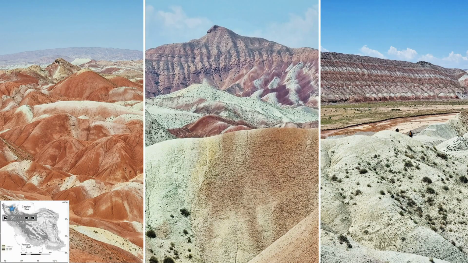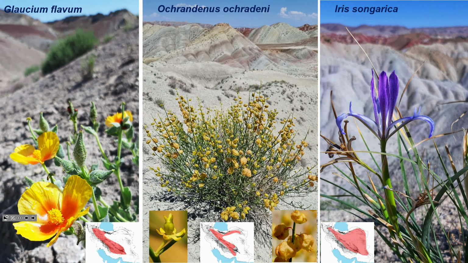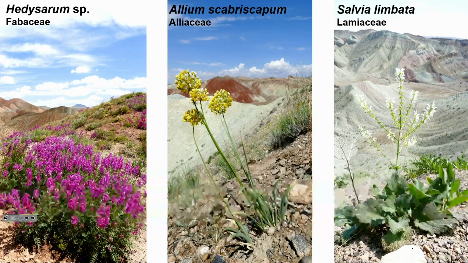They are distributed mostly in the northwest. Very beautiful structure. The geomorphology is very beautiful, and also interesting plants we can see there, like this Calligonum junceum or Glaucium flavum, Ochradenus ochradeni, and also Iris songarica, which is widely distributed in semi-desert habitats.